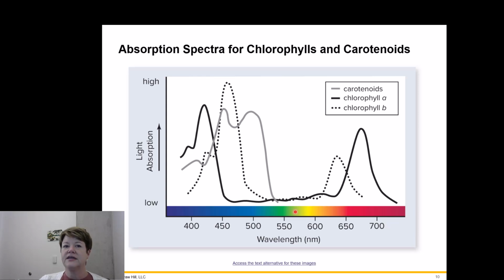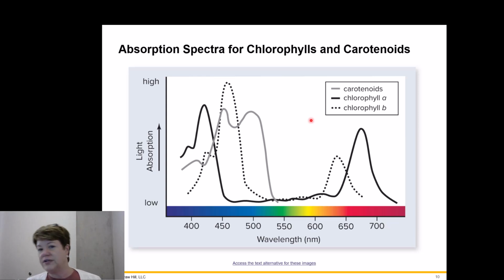So green is the wavelength of light that is not used by chlorophyll or carotenoids, which I think is kind of funny because if you asked anybody who didn't know much biology what color of light plants absorb and use for photosynthesis, most people would probably say green.